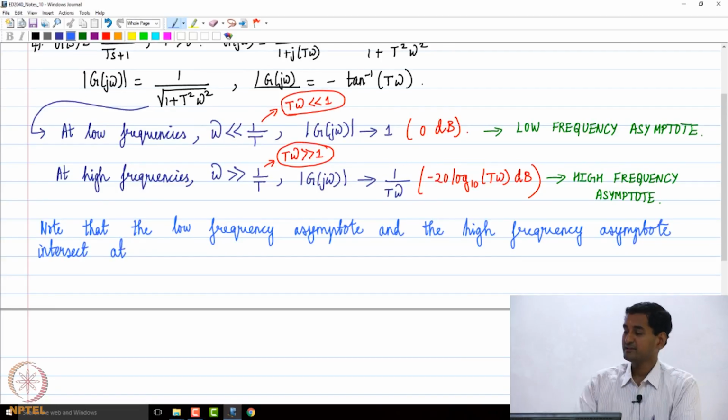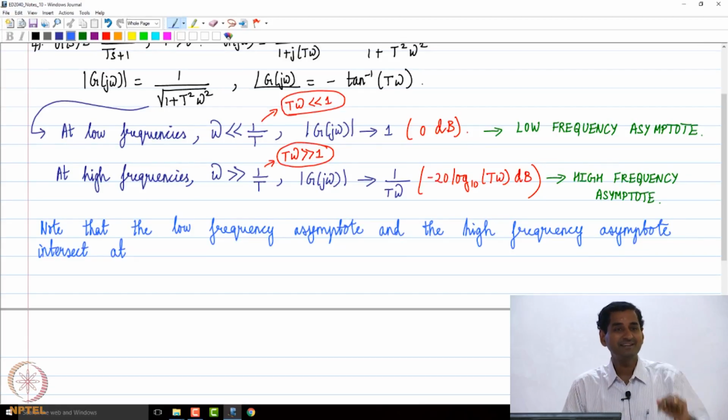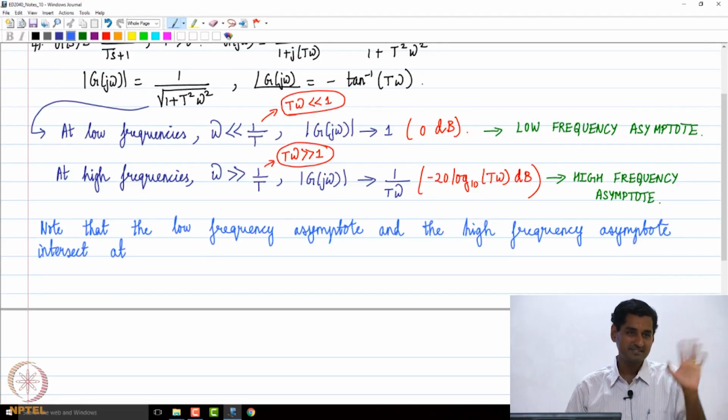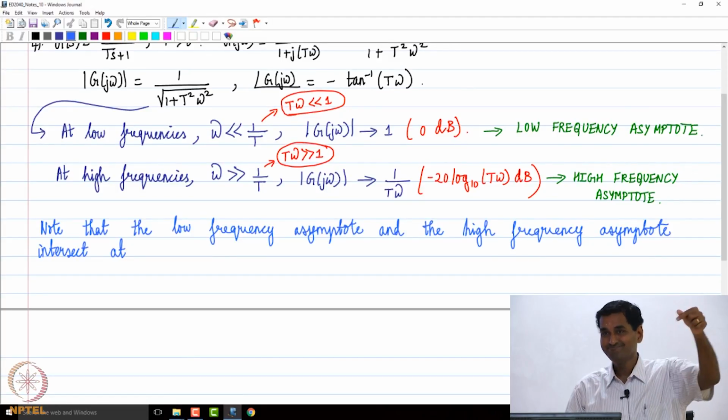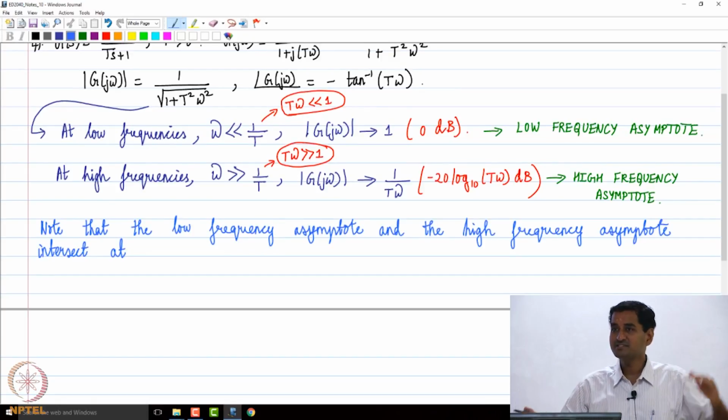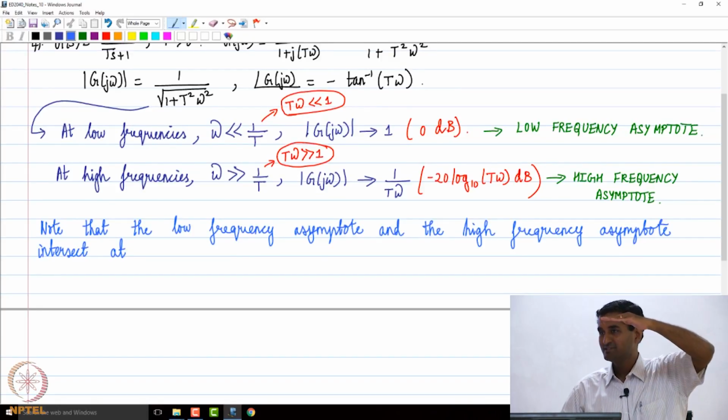Please note that the high frequency asymptote is going to be a straight line in the Bode plot. Why is it going to be a straight line? Because it is log of T omega, of course T is a scalar, right? So we are going to plot omega on a logarithmic scale. When you plot omega on a logarithmic scale and you plot a logarithmic function, that's obviously going to be a straight line, right? So you see that the 0 decibel line is a horizontal straight line.